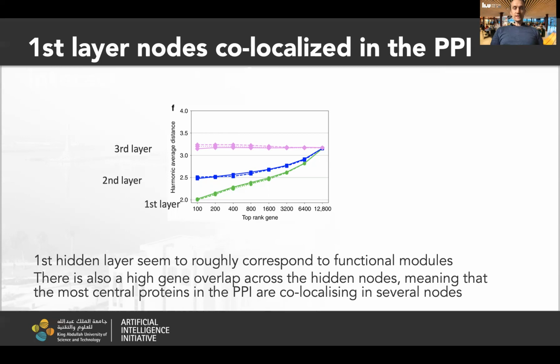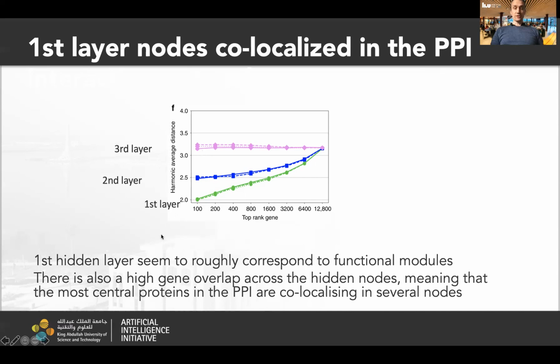So in doing that in the different layers, we found that genes that were associated to the same hidden node in the first hidden layer also tended to be close in the protein-protein interaction network and also be associated with the same functions in terms of biology. This was also so in the second hidden layer, but to a lesser degree, and in the third hidden layer, we didn't see this at all.